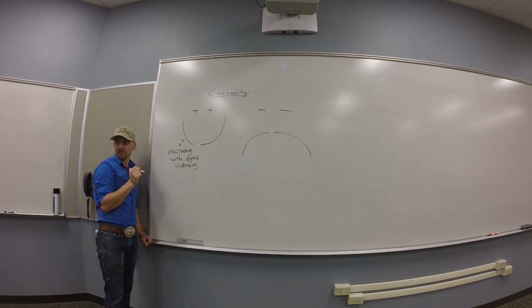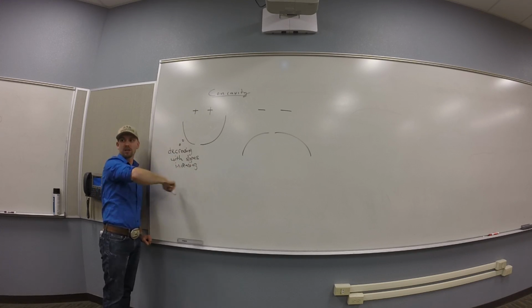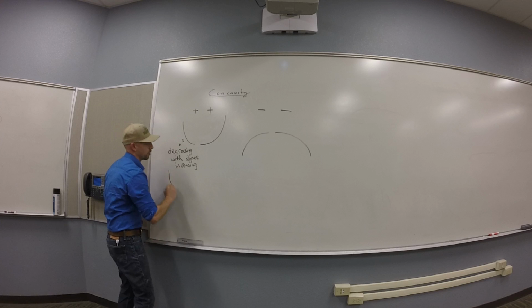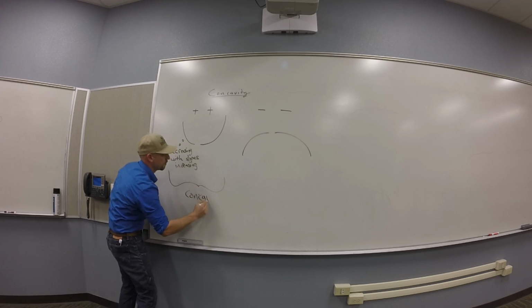The function itself is decreasing, but it's decreasing at less and less of a rate. This is half of concave up. So this whole thing is going to be what I refer to as concave up.